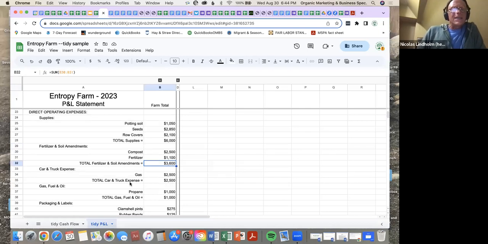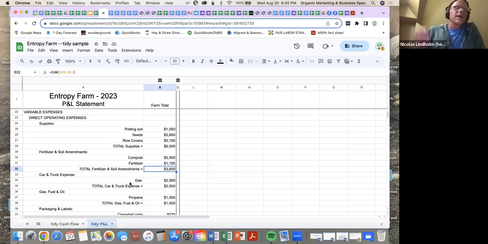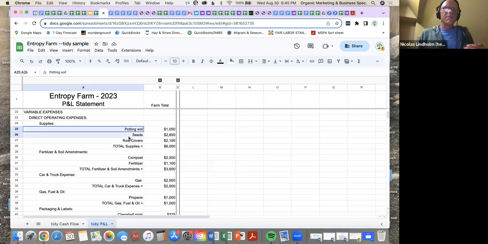You can get into a lot of detail here, and I actually want to caution you against having too much detail. I would think that in a farm, even of this size, a profit and loss statement probably shouldn't capture all this detail. It should probably just have supplies total, fertilizer and soil amendment total, car and truck expense total.